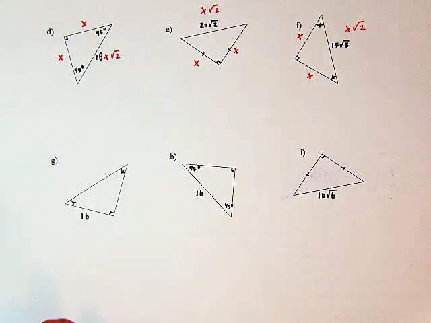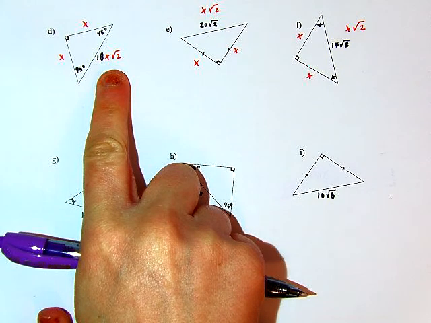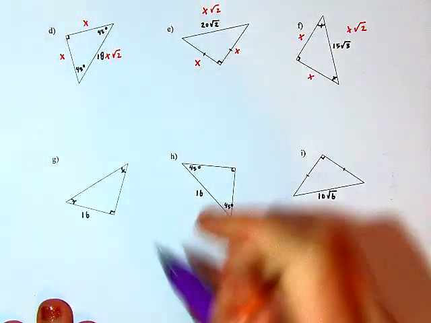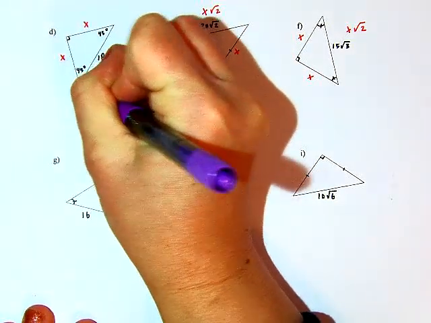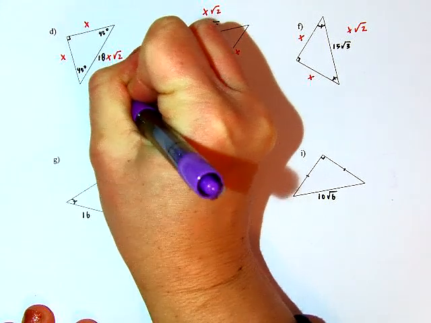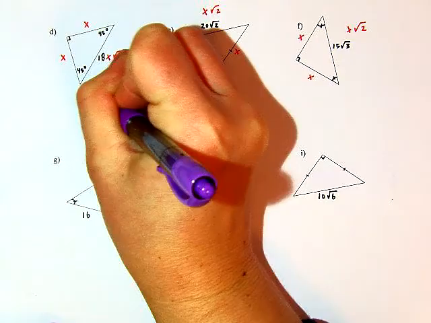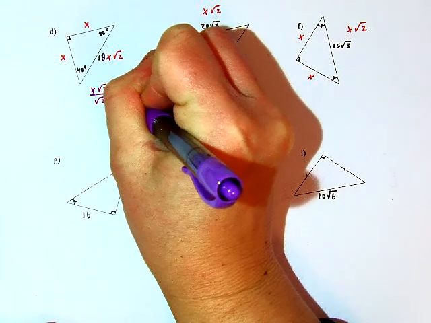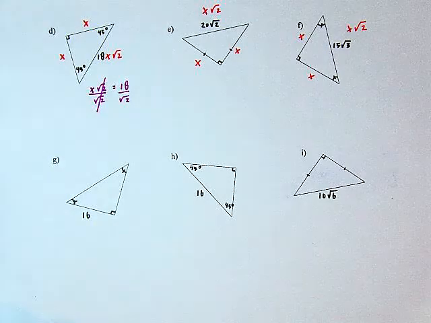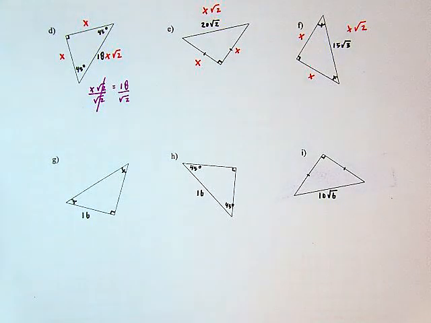So in my first example, I have 18, that's the x root 2 side. If I want to visualize this, I can say that x root 2 equals 18, and then I want to solve for x. So I'm going to divide by the square root of 2. Remember, hypotenuse to leg, we're dividing by the square root of 2.